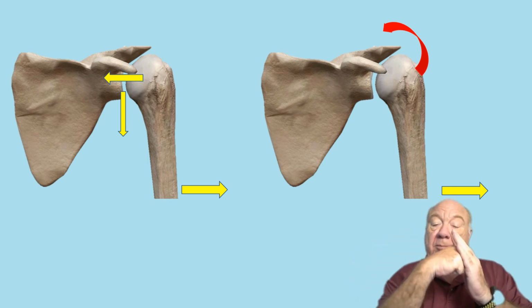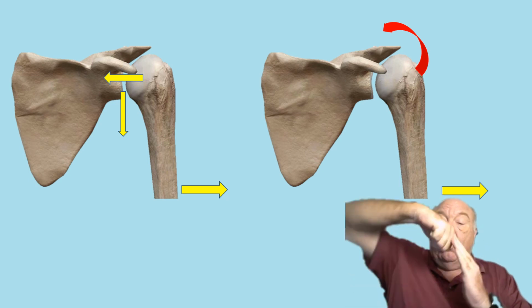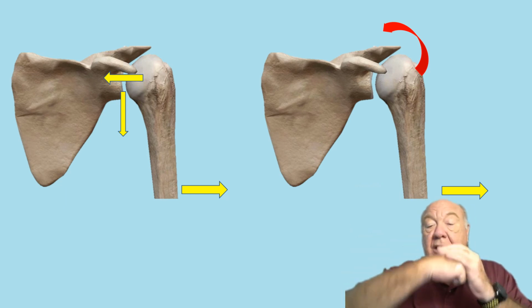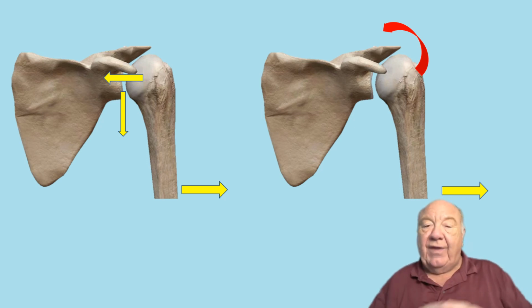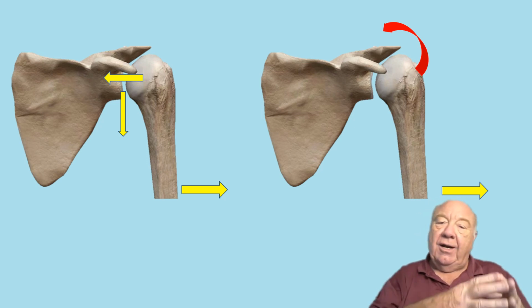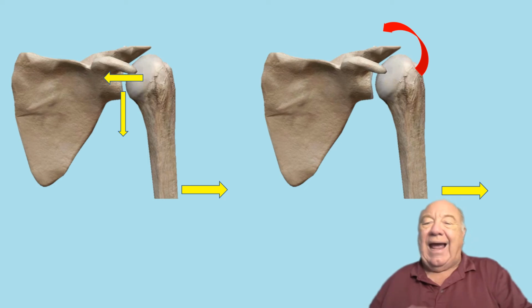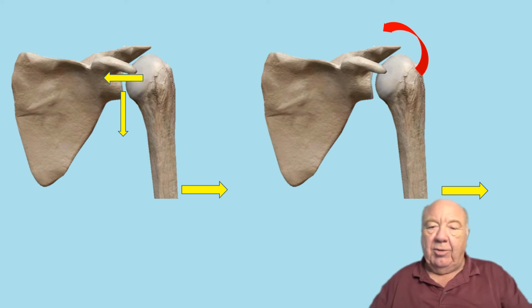So it can either be pulled up that way, or it can roll up this way and won't skid. So you actually get the reverse glide, which is completely abnormal. So you need everything working together, both the inert stabilizers and the dynamic stabilizers, for this system to work properly.